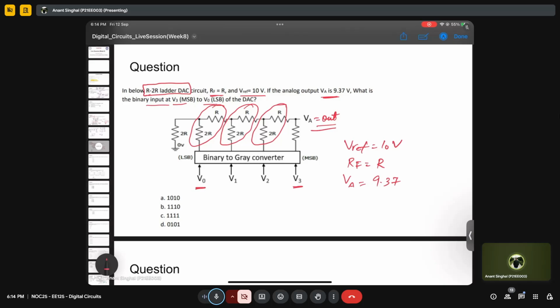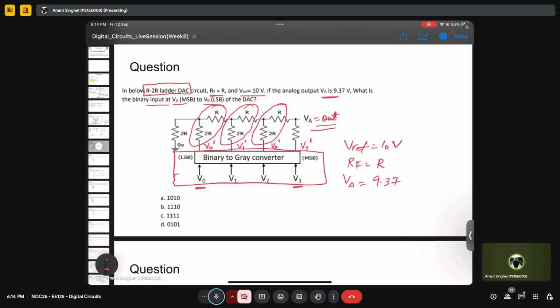But this circuit is again connected to a binary to gray converter. So let's say this particular thing is a box, just forget about this box. Let's call these V0 dash, V1 dash, V2 dash, V3 dash. We can easily calculate V0 dash, V1 dash, V2 dash, and V3 dash.